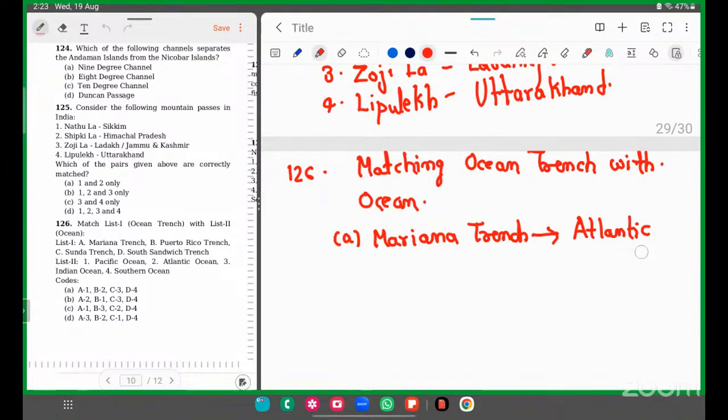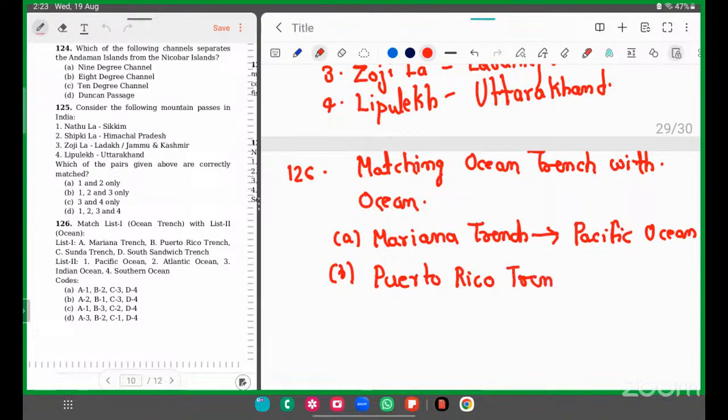Then B, Puerto Rico Trench, there in Atlantic Ocean.